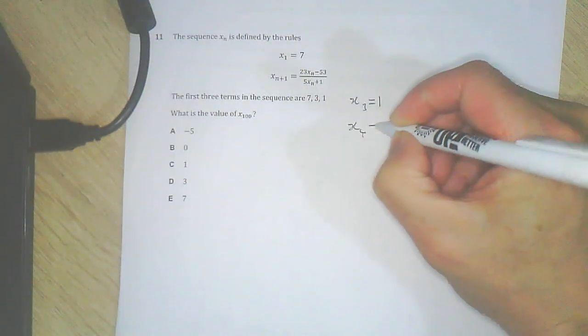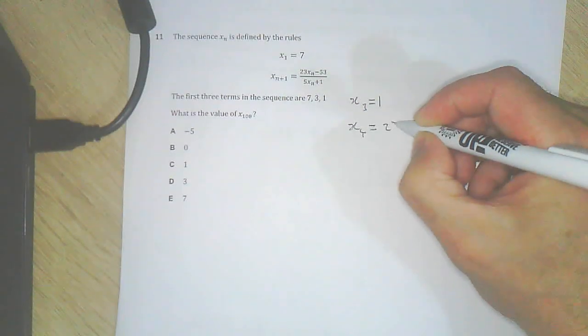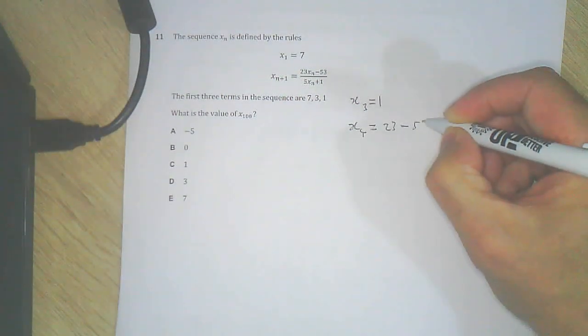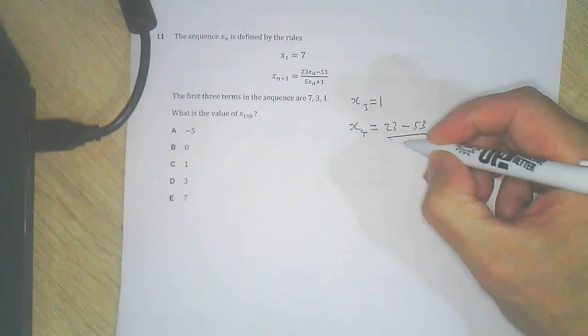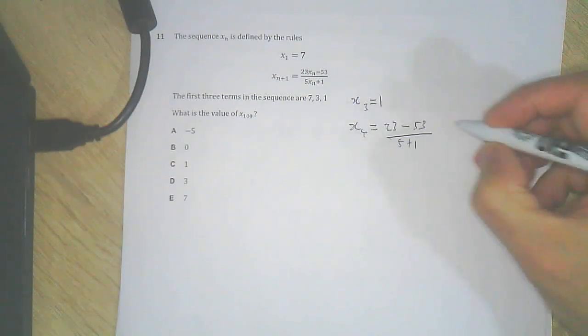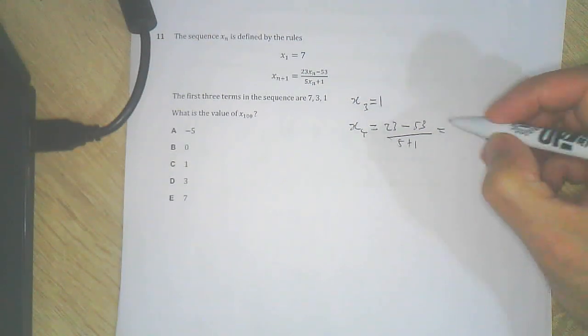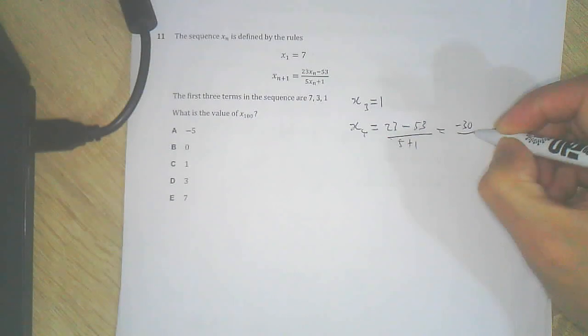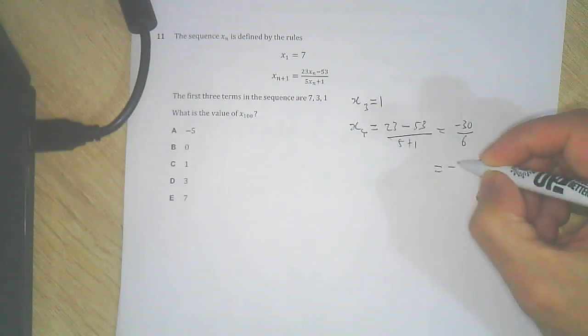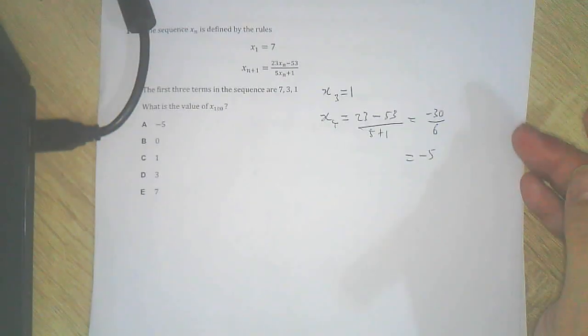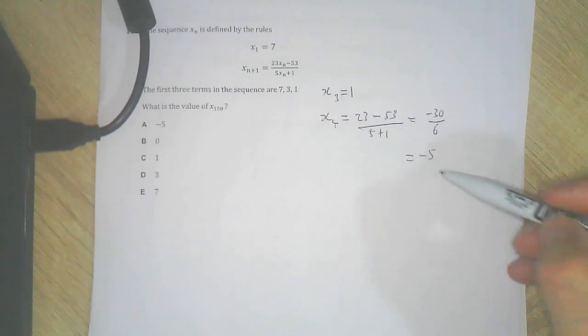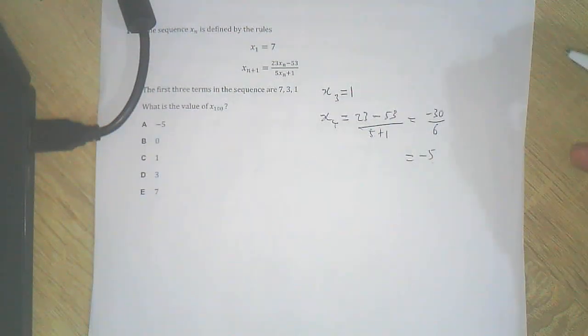So let's try that. x4 equals (23 minus 53) over (5 plus 1). So that's minus 30 over 6, which is minus 5. So we've got x4 easy enough. But we haven't got back to the beginning or any other point.